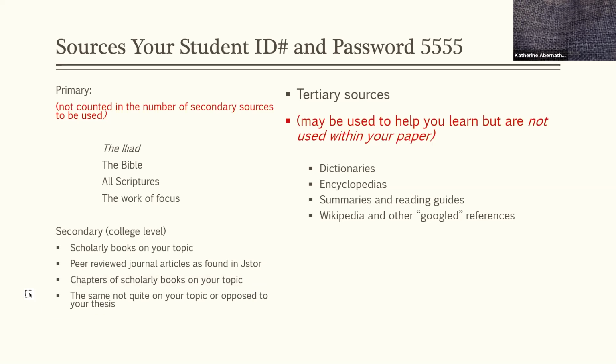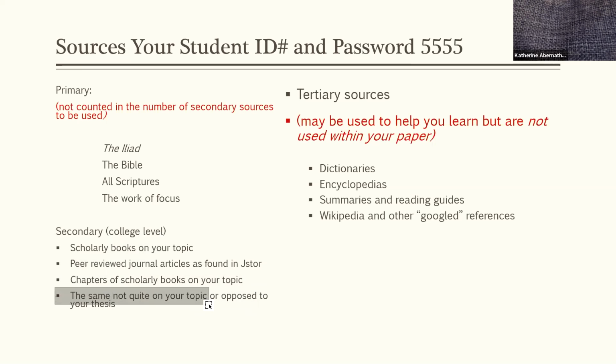Okay. Then, when I say the same, that means the same would be books, journals, or chapters, those things that are not quite on your topic. So in my case, when I'm talking about women and weaving in the Iliad, I might just find a book or an article on weaving in ancient Greece. That would work.